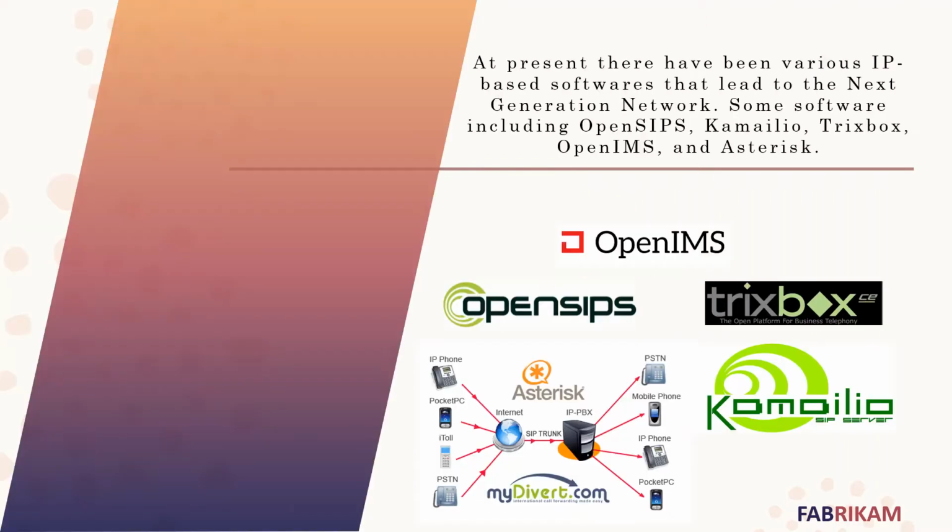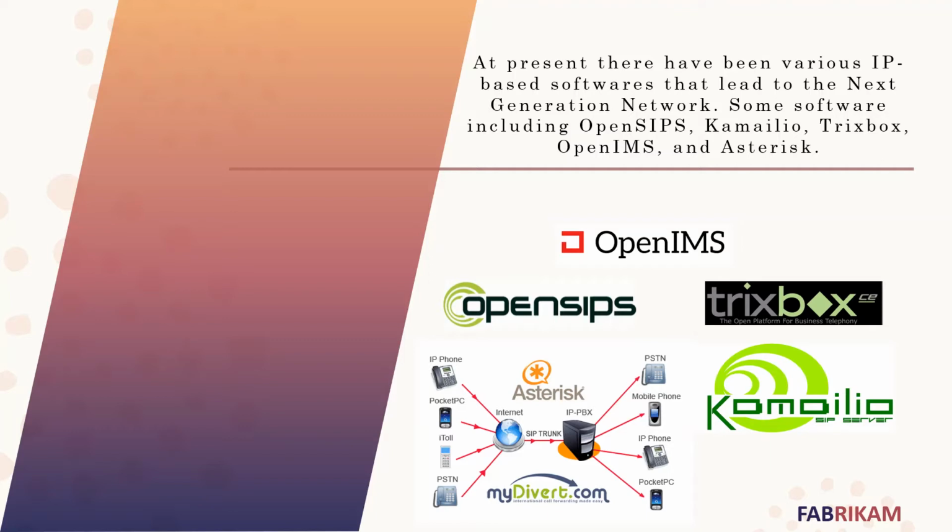So why am I choosing this title? Because at present there have been various IP-based softwares that lead to the next generation network, including OpenSIPS, Camellia server, Asterisk, Trixbox, and OpenIMS.